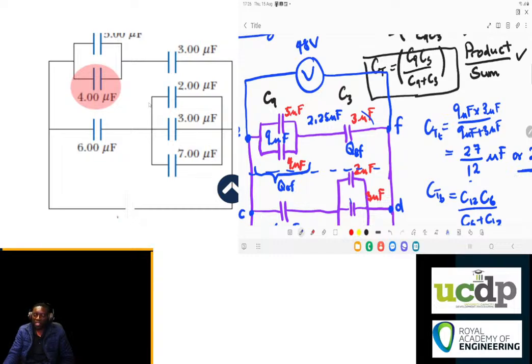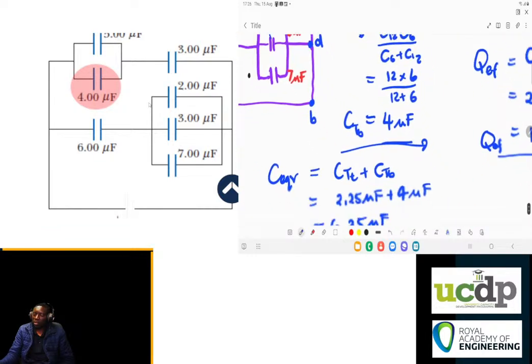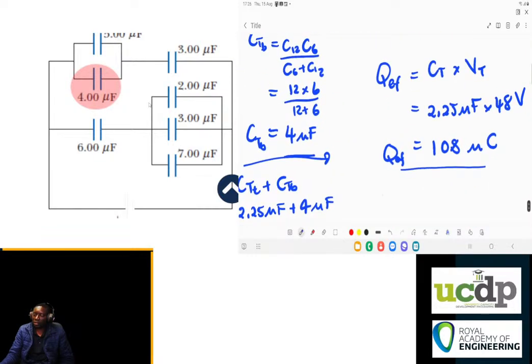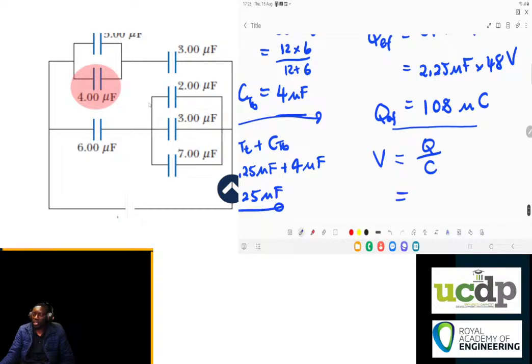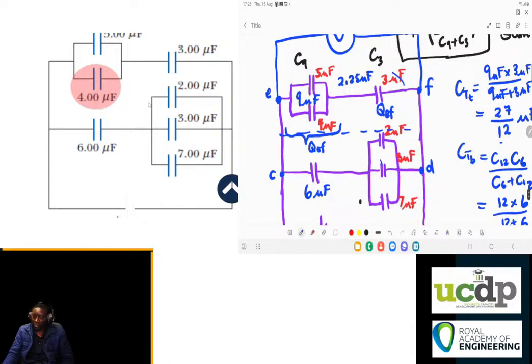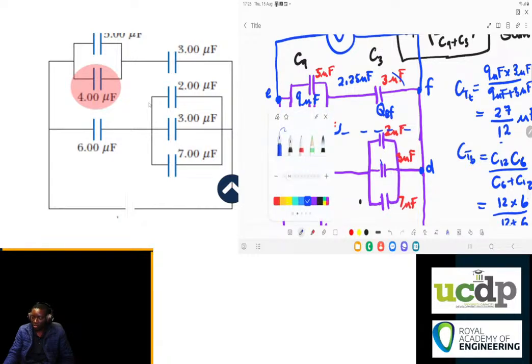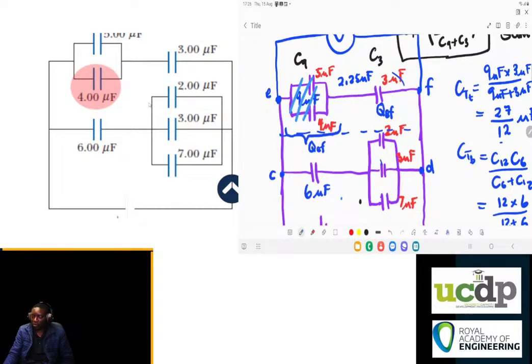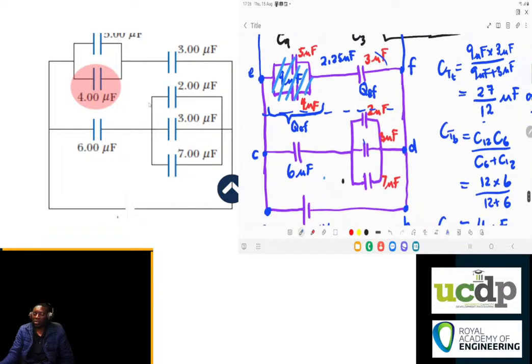we can find the voltage on that total effective capacitance, right? Knowing that our voltage is Q over C. Voltage equals Q over the capacitance. So there's an equivalent capacitance there represented by 9 microfarad, which also has a charge QEF.